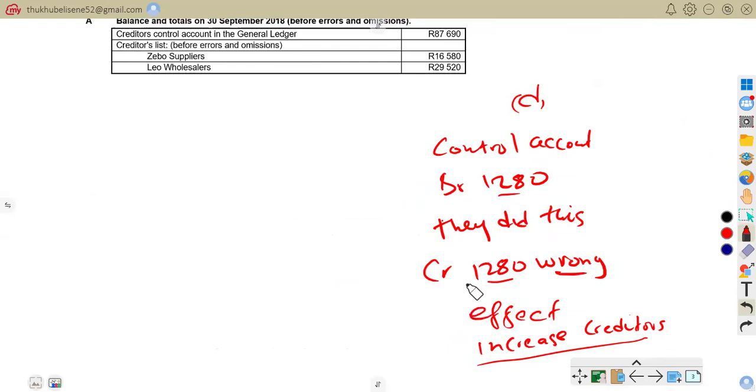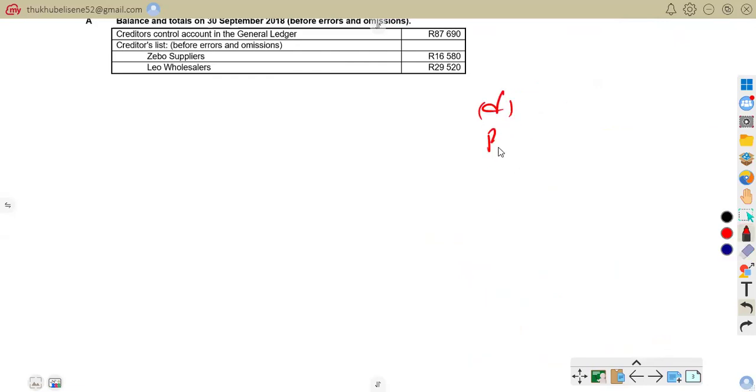So now, what are we going to do to make sure that we correct this? For us to correct this, we are going to reverse the wrong entry. When you reverse the wrong entry, we must do it by removing the wrong effect of 1,280.